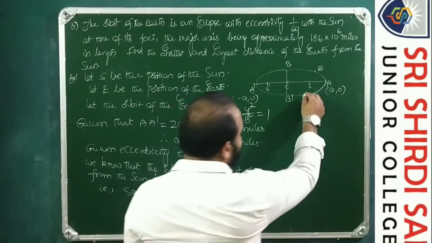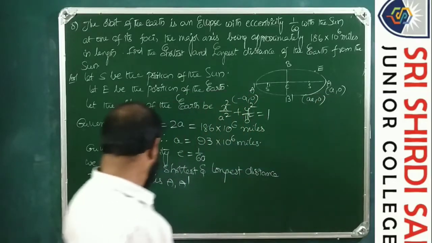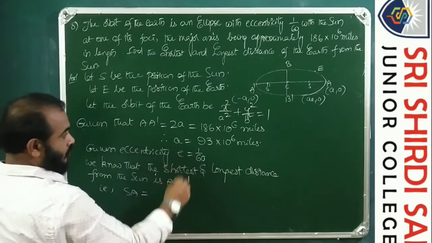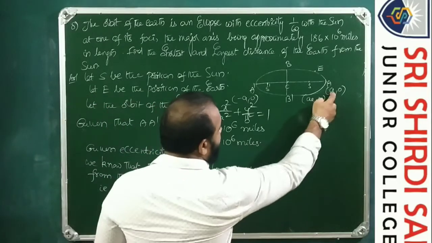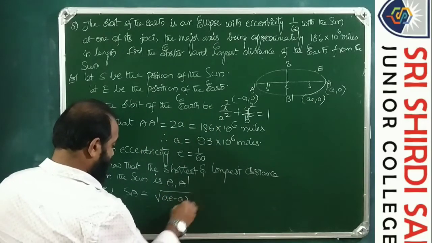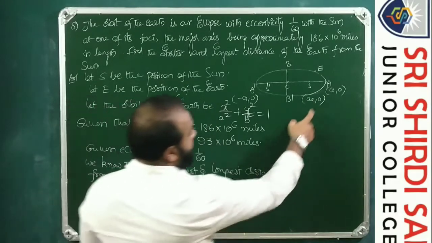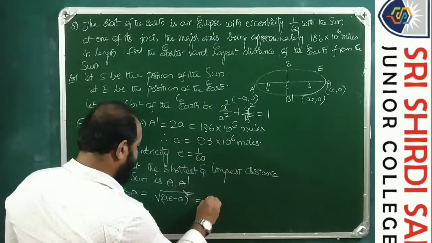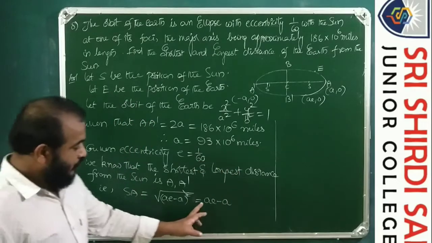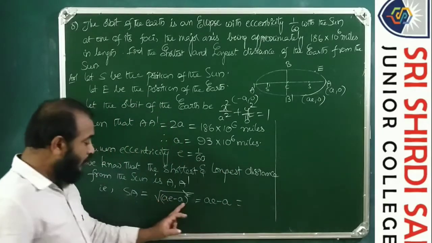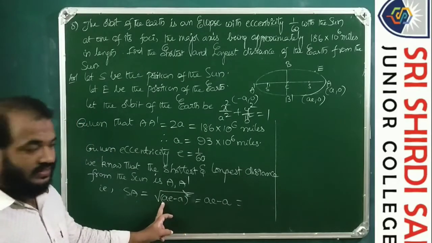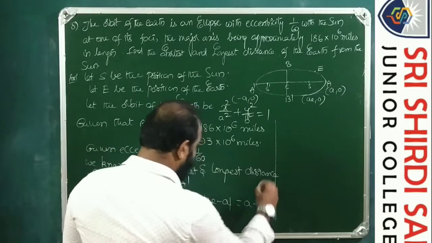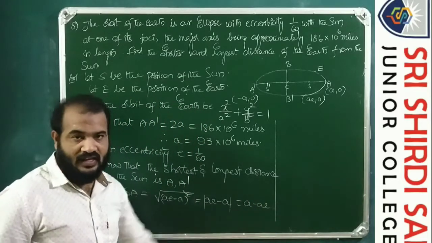What is SA? S is ae comma 0. So this is the square root of ae minus a whole square plus 0 minus 0 whole square, that is 0 anyway. So the square and root get cancelled. This is ae minus a, so it could be a minus ae as well. So taking the modulus, we get either ae minus a or a minus ae.